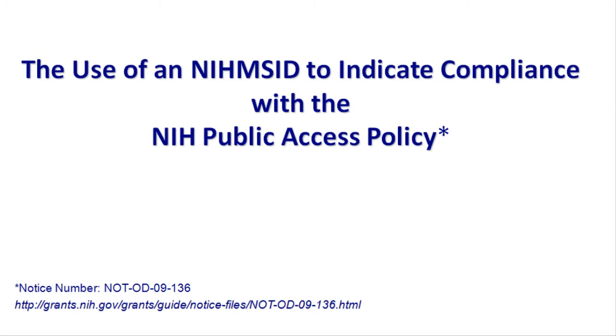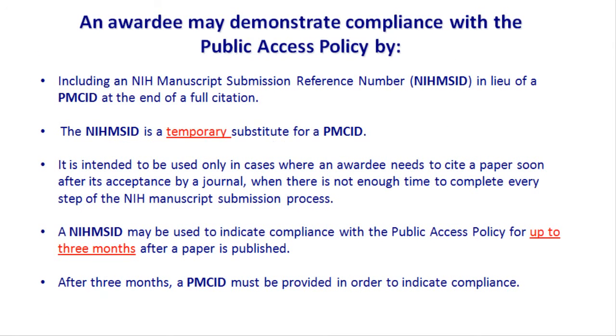So the use of the NIHMS ID, which you saw in some of those examples, is a temporary number. At the beginning of when the policy went into effect, people were putting the NIHMS number and walking away and just leaving it there for months or even years. NIH said, it needs to be approved so that we can generate a PMC number.